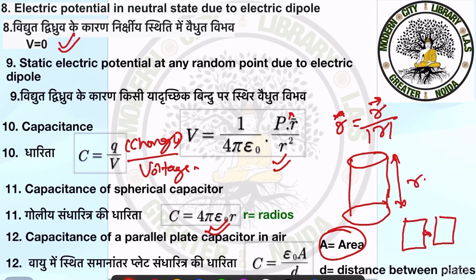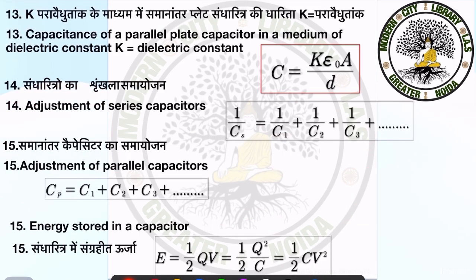Next, if there is a dielectric constant K, then the capacitance between the two plates in parallel form is C equal to K into epsilon naught A over D. K is the dielectric constant.